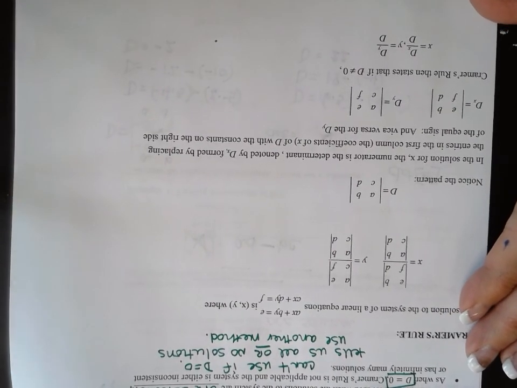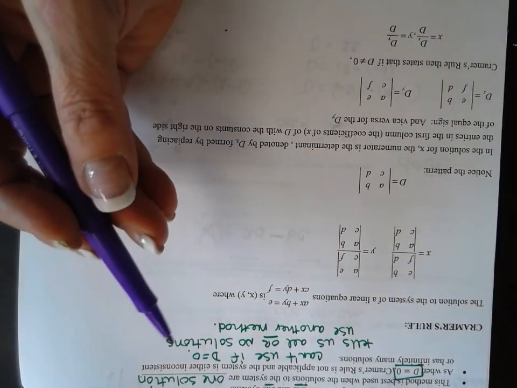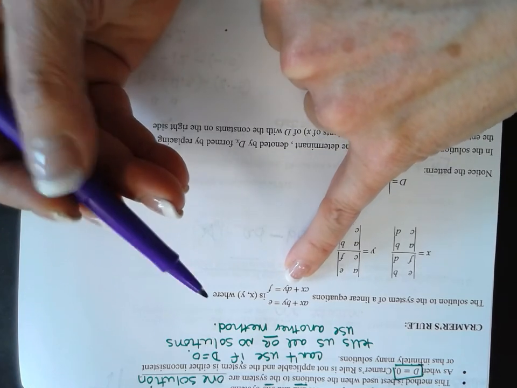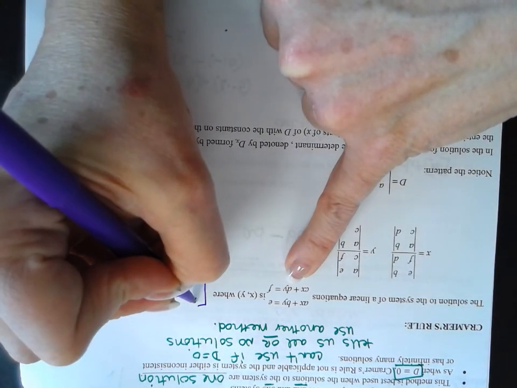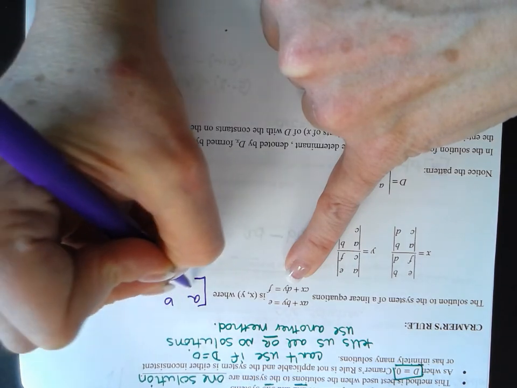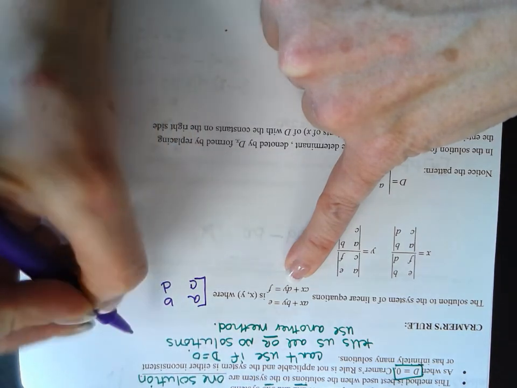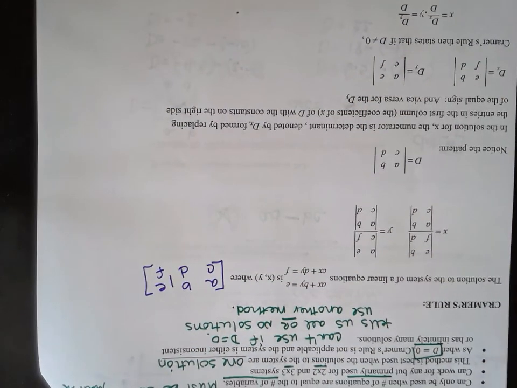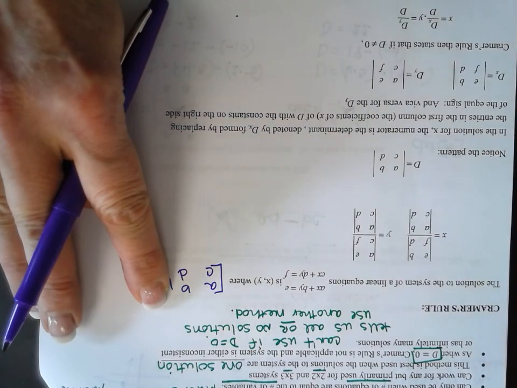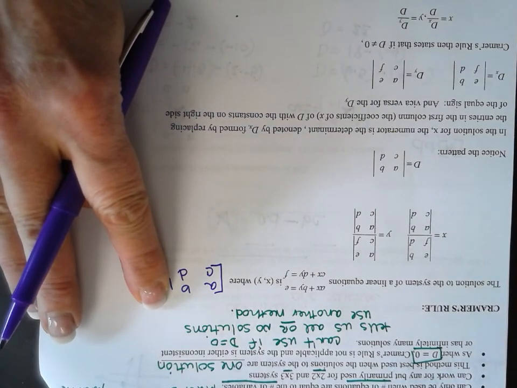So, what is Cramer's rule? It says that if we have a system of equations, we write it into our augmented matrix. Now, what do you notice about the first part of it? Where did we just see that?